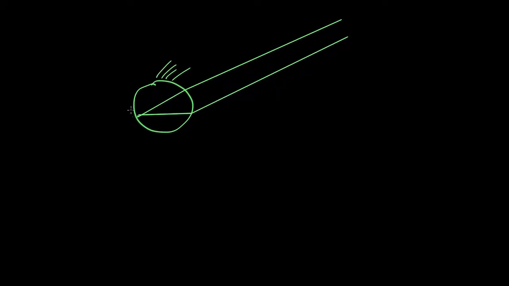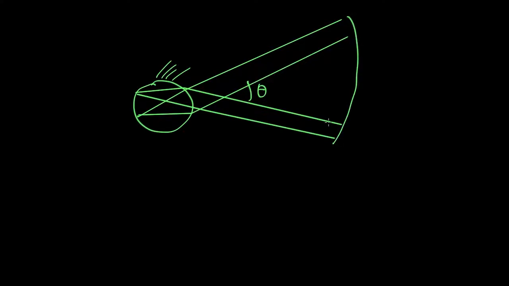So light coming from that direction forms on one part of my eye, and something that's a different distance away will form an image on the other part of my eye. And so the angle here between these two objects is theta. The further an object is away, the smaller that angle is going to be, and the smaller it's going to appear here on the back of my eyeball.